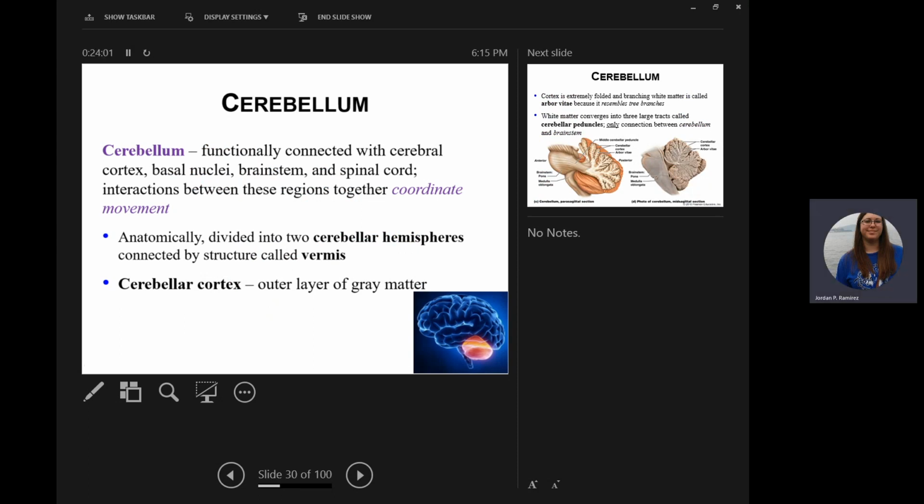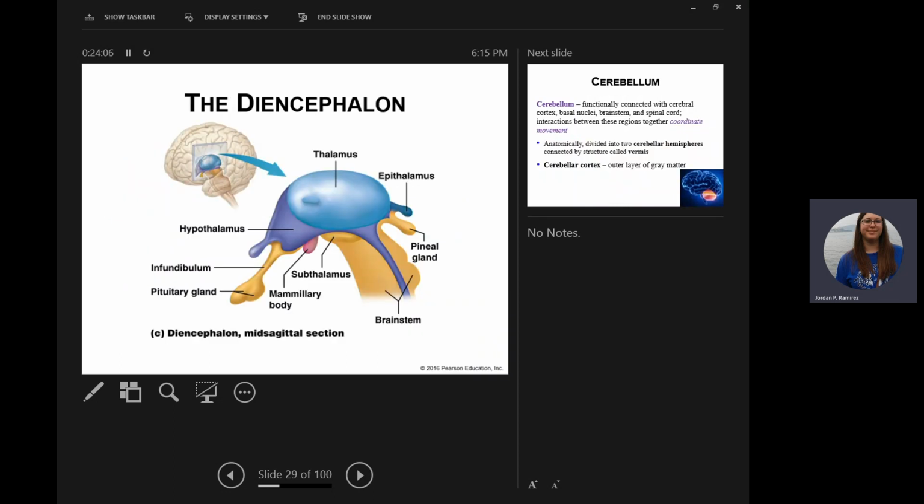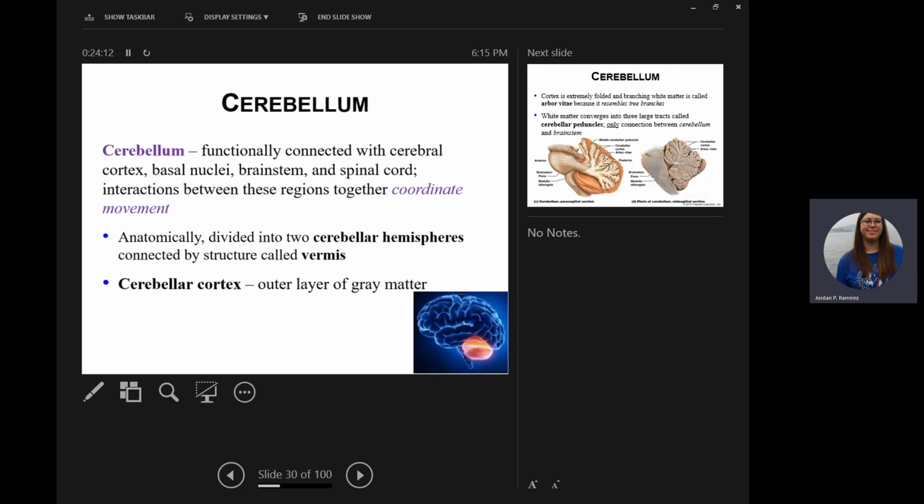What were our different parts we talked about before? We just talked about the diencephalon. What else? Cerebrum. And now we're going to the cerebellum. Two different things, so make sure to note that. The cerebrum and the cerebellum are not the same thing.